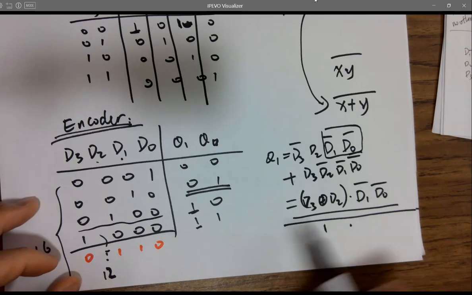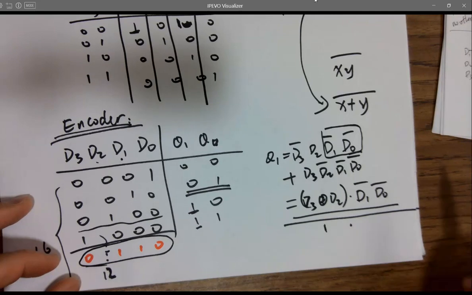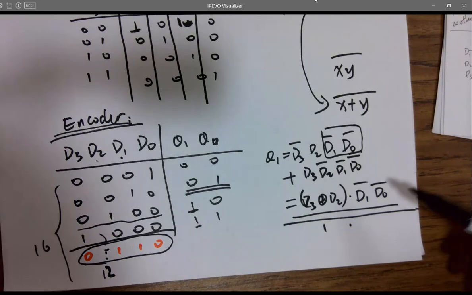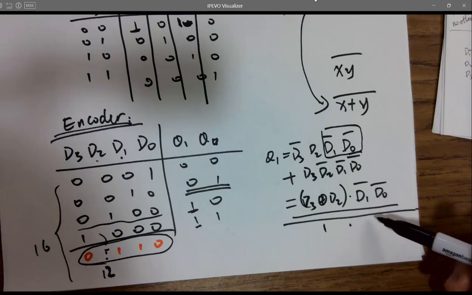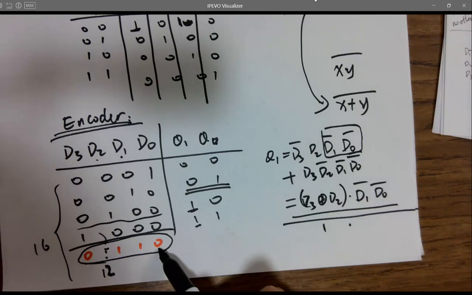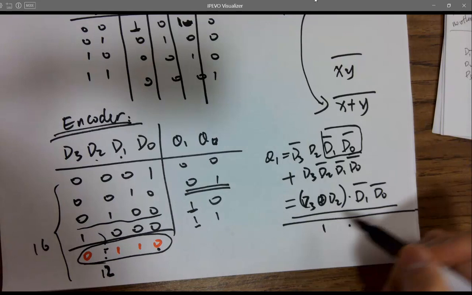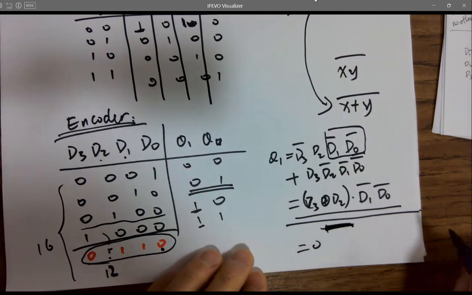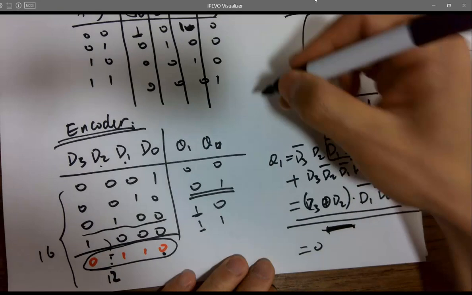Yeah, let's plug in these numbers here first, okay? You flip it to 0, right? Because one of the inverted D1 and D0 goes to it. So this one is 0, it must be 0 for the entire thing, right? So it's going to be 0. What about Q0? We don't have Q0 here.